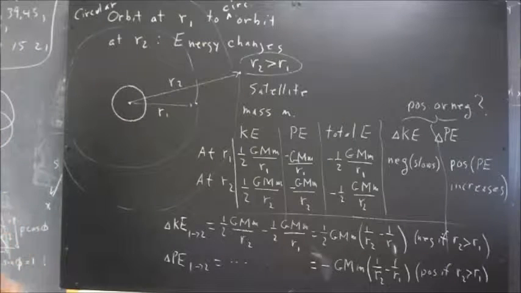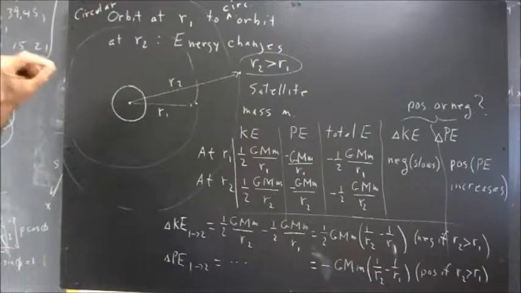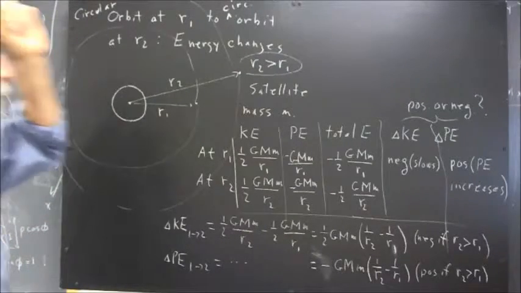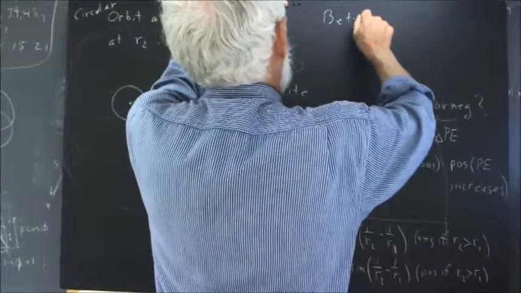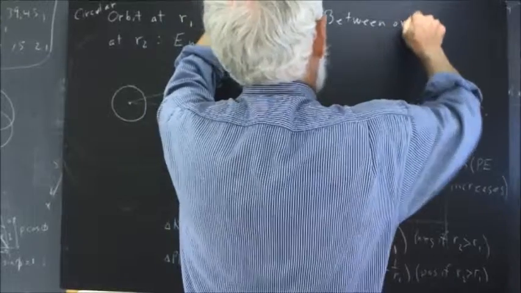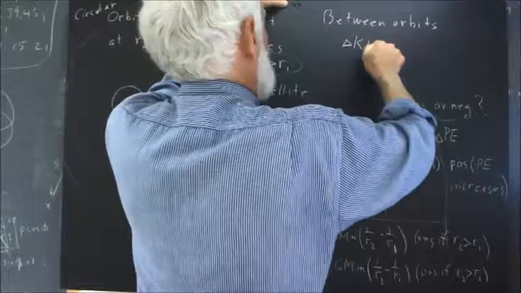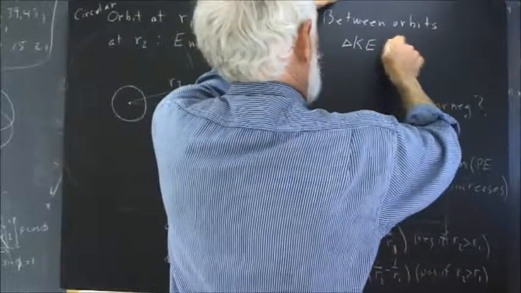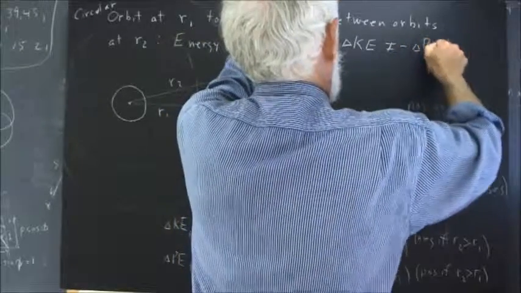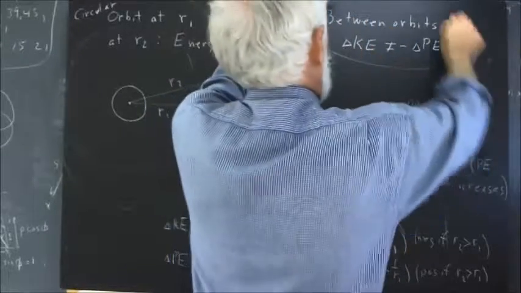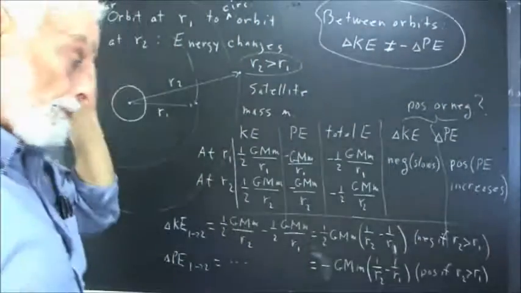Now there's one somewhat confusing thing, and I want to address this misconception. What you have between orbits, the change in kinetic energy is emphatically not equal to the negative of the change in potential energy.